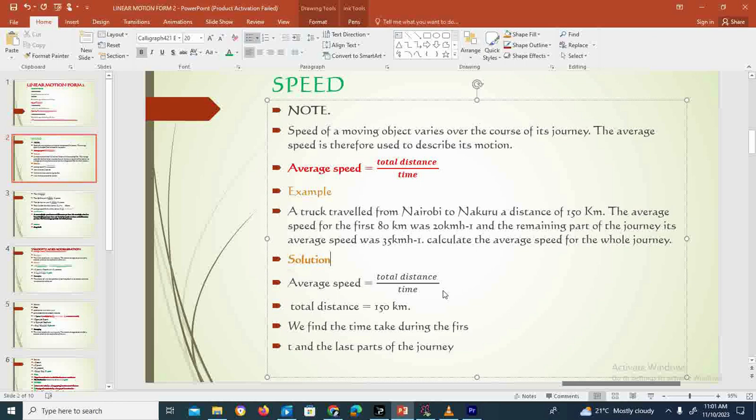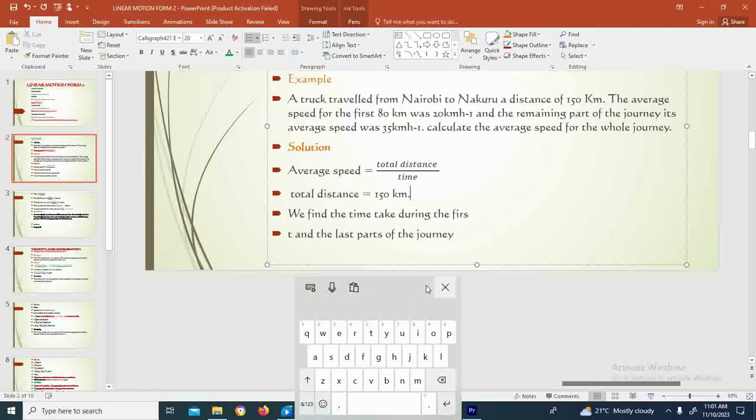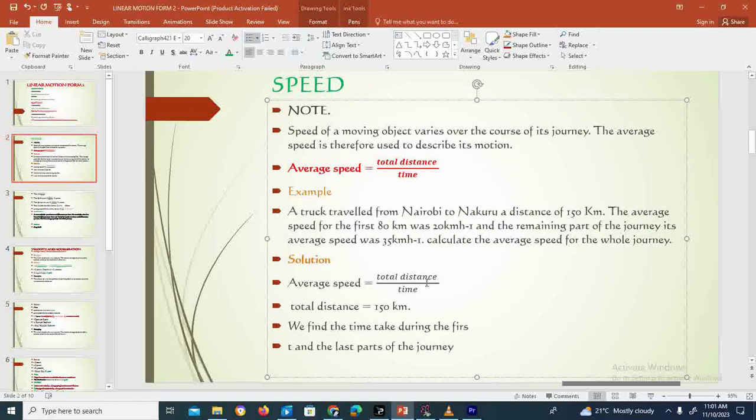So we'll have to go back to the average speed formula. Average speed is given by total distance over total time. So total distance is 150 kilometers, that is the distance from Nairobi to Nakuru. We find the time taken during the first and the last parts of the journey.